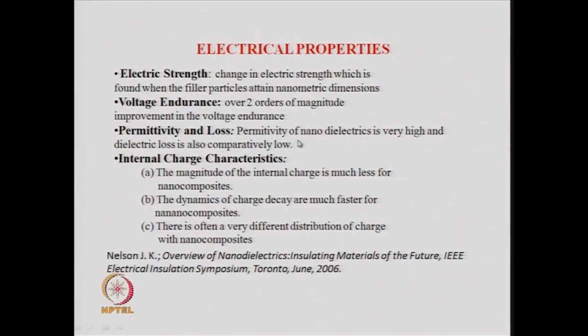The permittivity of the nano dielectrics is high and the dielectric loss is comparatively low. So, both are very advantageous points, a high dielectric constant or high permittivity and low dielectric loss, and that seems to be the case in many of these nano dielectrics.